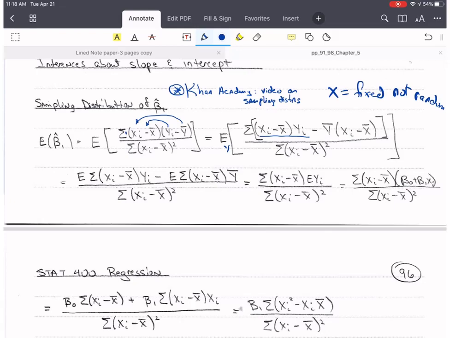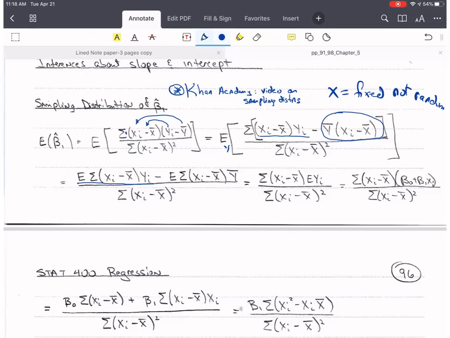Well, when I take the expectation of this, remember it's a constant, so let me write it out, expectation of this side.